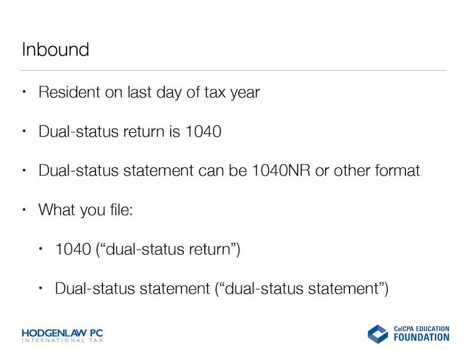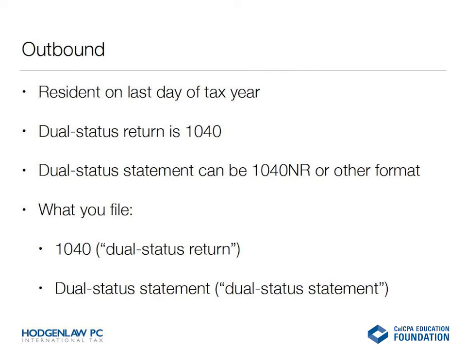It can be a 1040-NR, and you would write the words dual status statement across the top of that. And then also at the top of the tax return where it shows the dates for calendar year 2016 or other dates, you would actually fill in the other dates for the two portions of the year on the dual status return and the dual status statement.